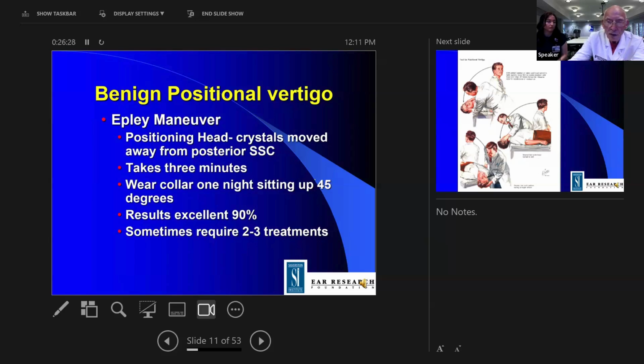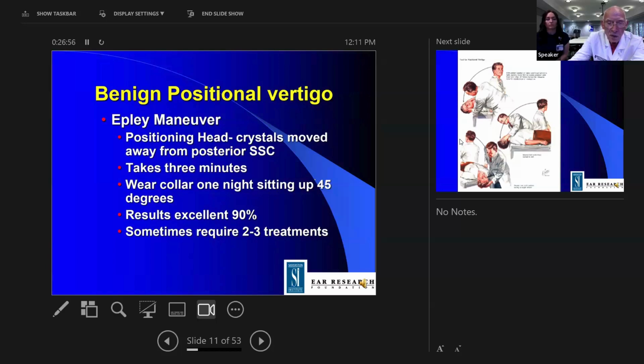And these are shown here on this picture. On the internet, there are different websites that will show you how to do the Epley maneuver correctly. And you can do it on yourself at home on the bed by just lying back with your head tilted to one side for 1 minute and then sitting up and then tilting your head to the other side and lying down.